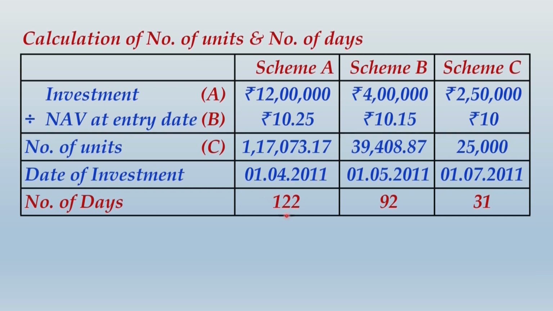So while counting the number of days, you have included this date basically. So if you have invested on 1/4/2011 and you have stayed invested till 31st July 2011, your total investment period is 122 days for scheme A. Likewise, you can understand how we have made calculation for scheme B and C. So please write up this entire thing and then I take you ahead.